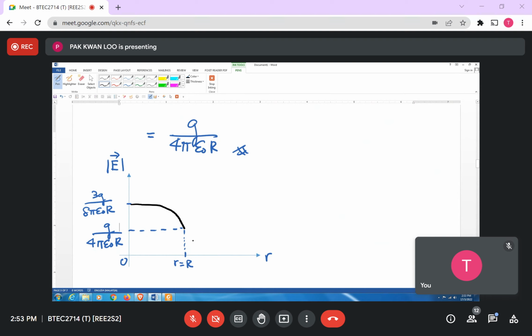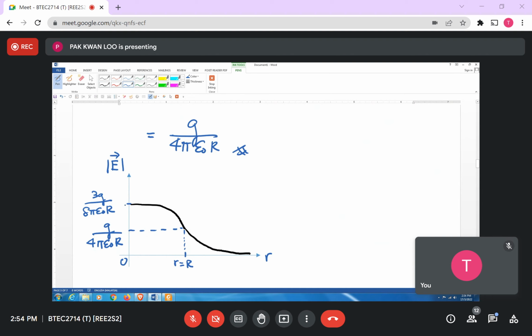Because this is now outside, it will decay further. It never touches 0, almost, but never touches. Sorry, some correction here. As it decays, it goes to a smaller value and smaller value. So that's how the profile should look.